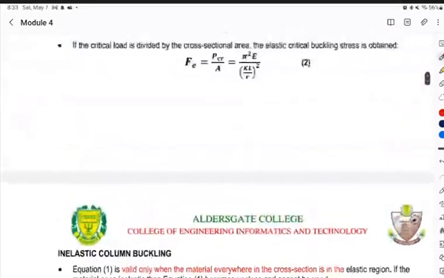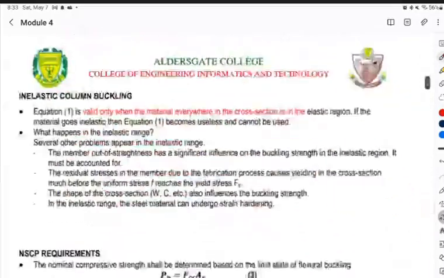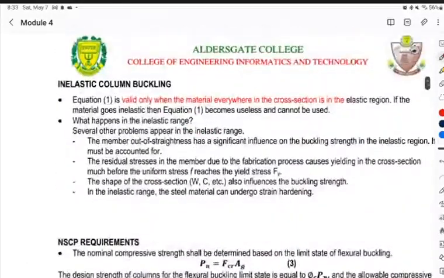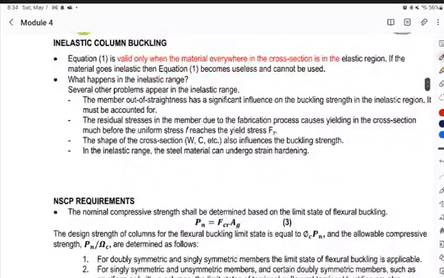When a material fails, okay, this is elastic, okay, it is linear, and then it will fail like this, right? So the elastic region is along this region lang. Okay? So if the material goes inelastic, then the equation 1 becomes useless and cannot be used because, yun nga, hanggang doon lang siya sa elastic region, yung equation 1.